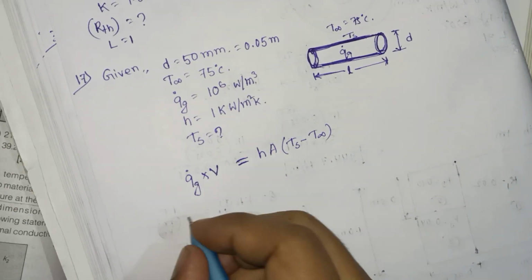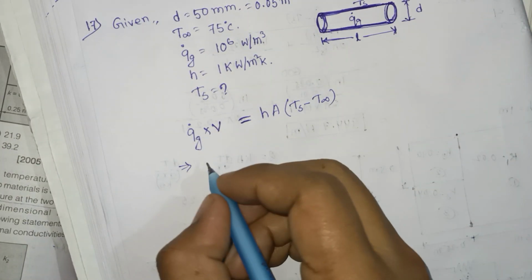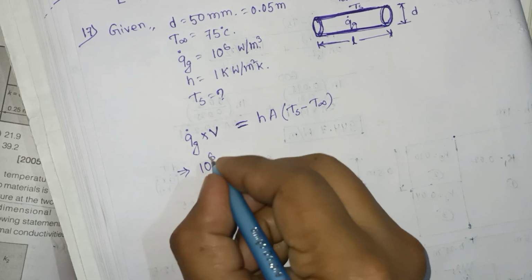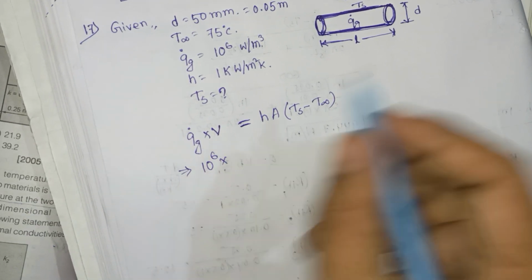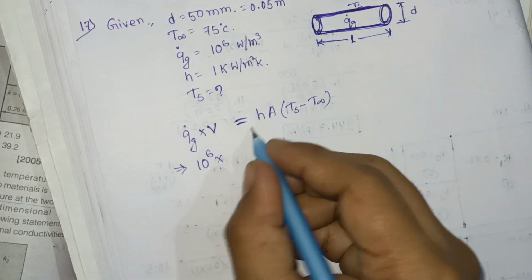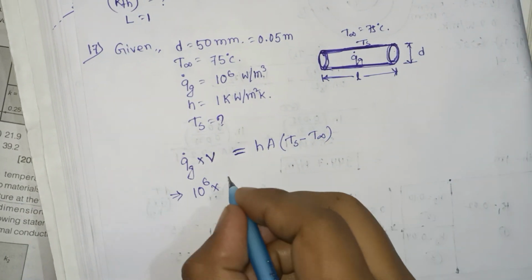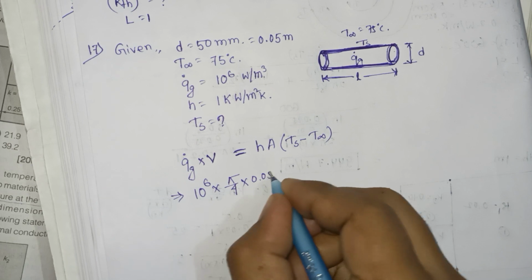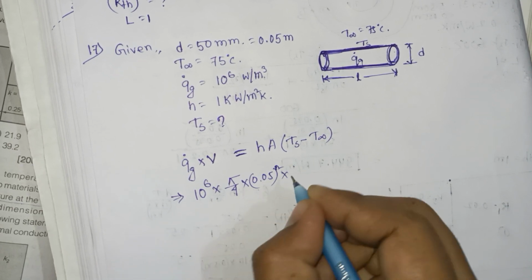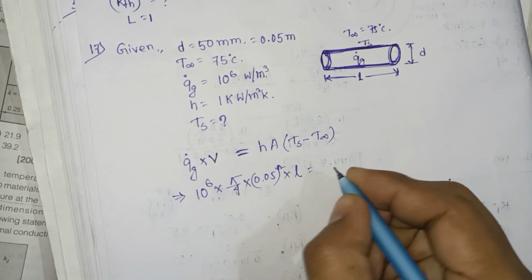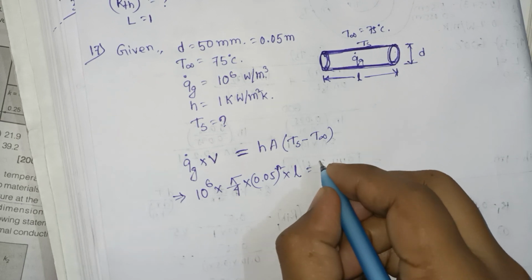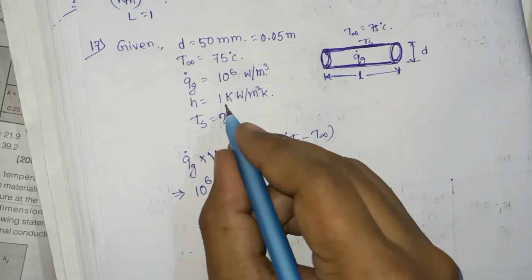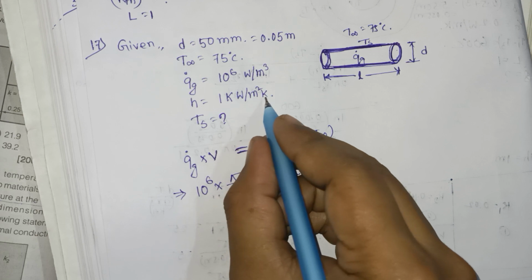Now put the value. What is the value of Qg? That is 10 to the power 6 into V, where V is pi by 4 d square into L, so pi by 4 into 0.05 square into L, that is equal to h. What is the value of h? That is 1000, 1 kilowatt per meter square Kelvin.